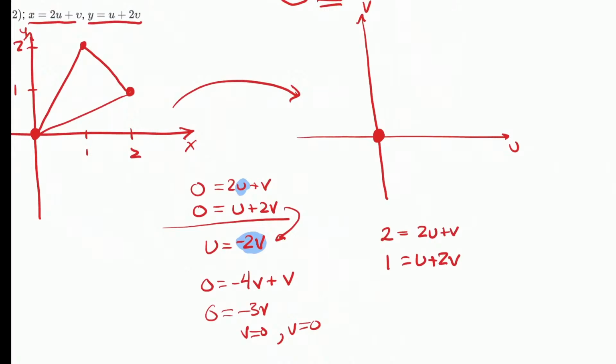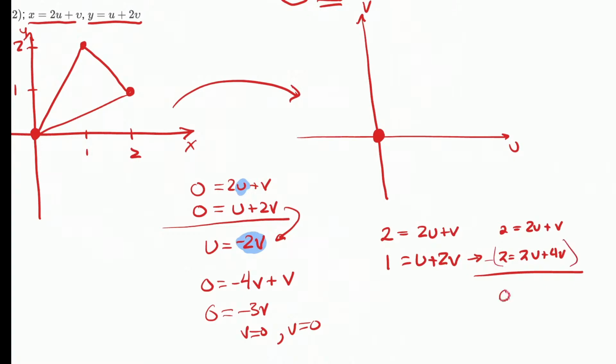So let's solve this. Oh, I'm so tempted. Let's use elimination. I can't handle substitution. I'll multiply this bottom one by 2. So 2 is equal to 2u plus 4v. And 2 is equal to 2u plus v. And I will subtract the bottom one from the top one.